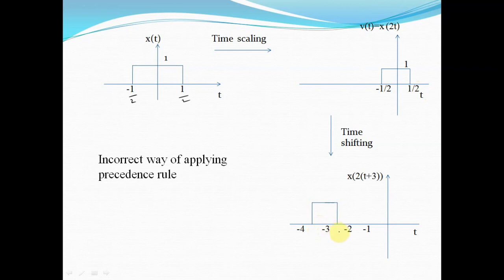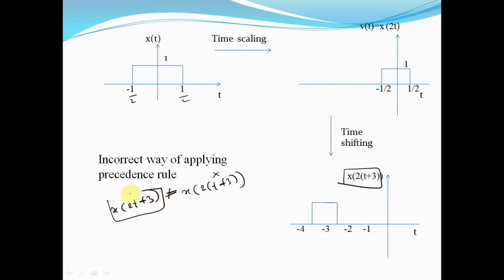So minus half to plus half, when shifted towards left, will now be between minus 3.5 to minus 2.5. But this is because of the incorrect way of applying the precedence rule, because the signal resulting from these two operations will now not be x of 2t plus 3, but it is x of 2 into t plus 3. We are not interested in this signal, and these two signals are not the same.